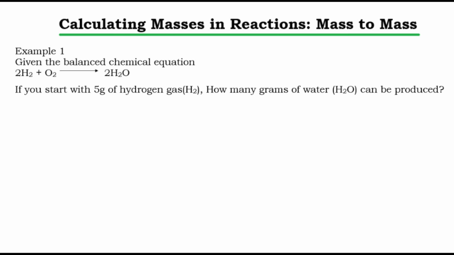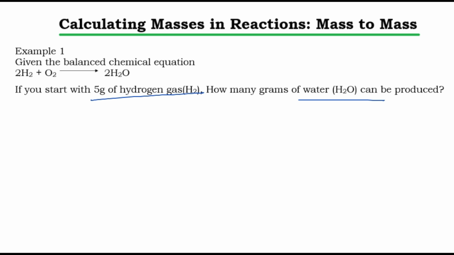The next thing you need to do is construct two ratios. Now, one ratio will come from the balanced chemical equation. The other ratio will come from the problem. Now, the ratio will be between which chemical species? It will be between the given quantity, in this case hydrogen gas, and the wanted quantity, which is water.